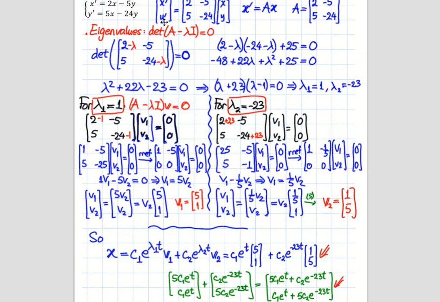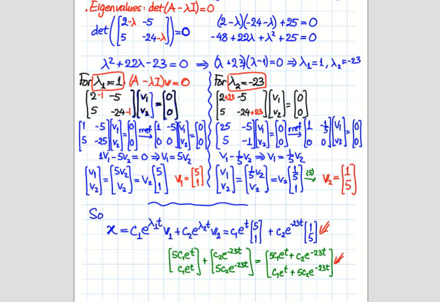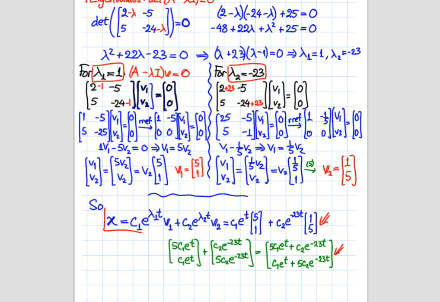We find the square matrix A, find the eigenvalues and eigenvectors. Once we have the eigenvalues and eigenvectors, the solution is given in this form: a linear combination of e to the lambda t times the eigenvector. And that's all we have.